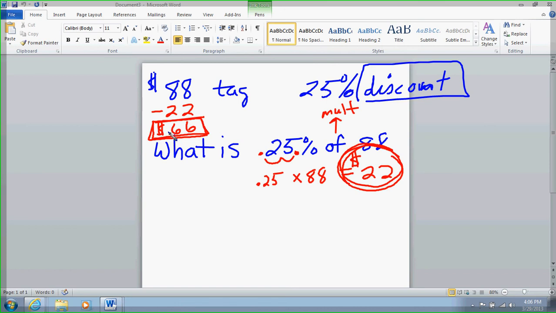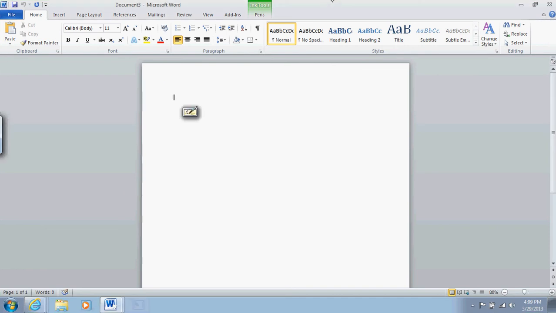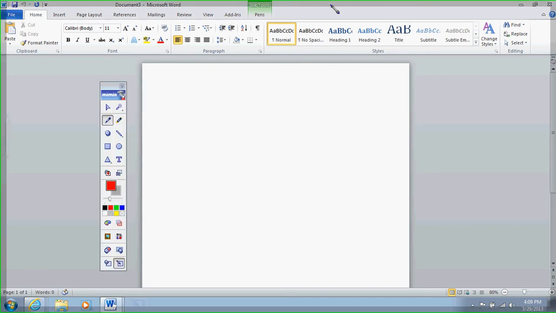Now, I do want to do one more problem. It's like this, but different. With discounts, you subtract those percentages. But if you're being taxed on an item or tipping someone, then you're going to add those percentages at the end. Let's say you go in and you want to buy a pair of shoes.